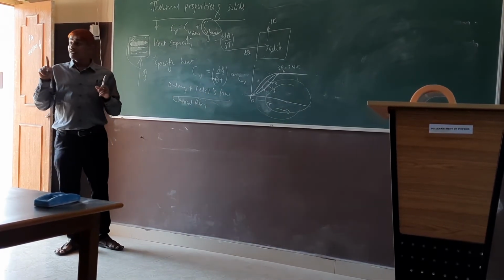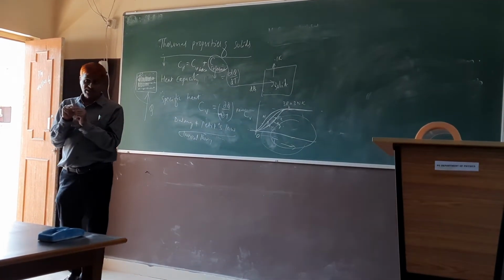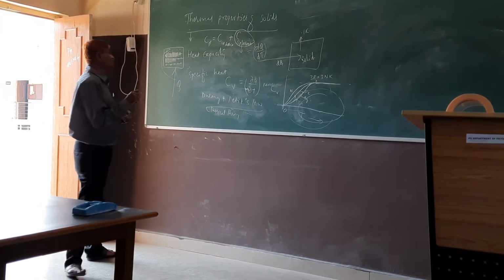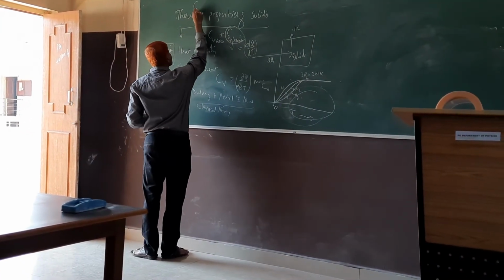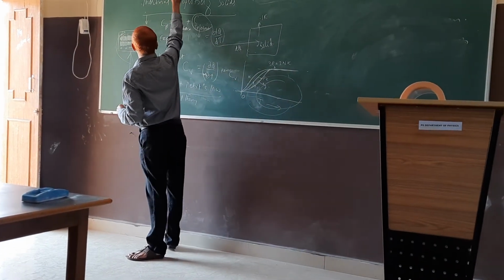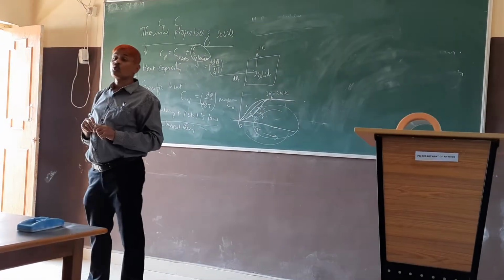Okay, and you already stated specific heat for gases, and there are two types of specific heat. What are those two? Specific heat at constant pressure, that is known as Cp, and specific heat at constant volume, Cv.